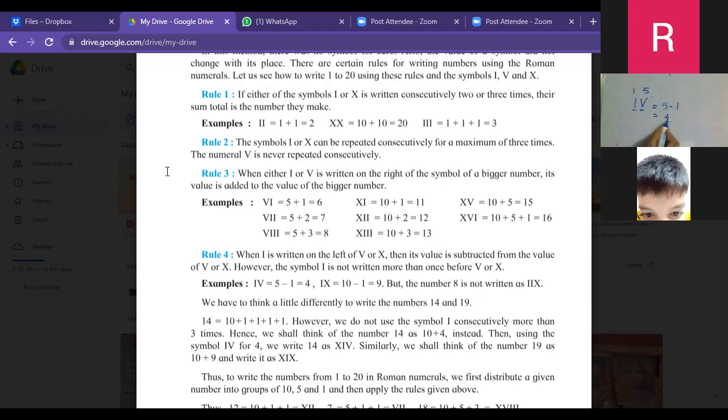So the number 4 we can represent like this, 1 and 5. Clear? This is your fourth rule. Now let's see another example. In your textbook it is given only till 20, so we will only discuss till 20, right? Now next example here.